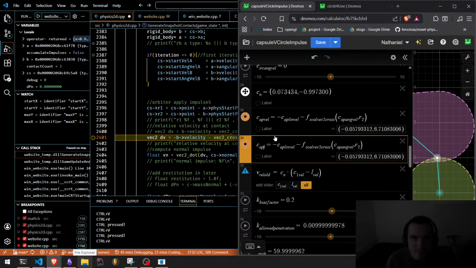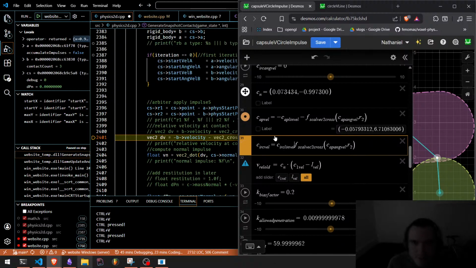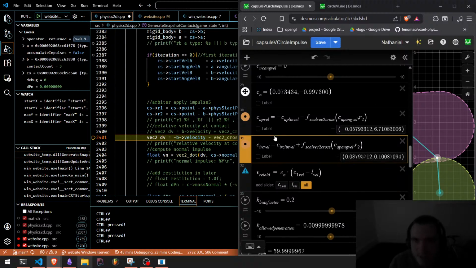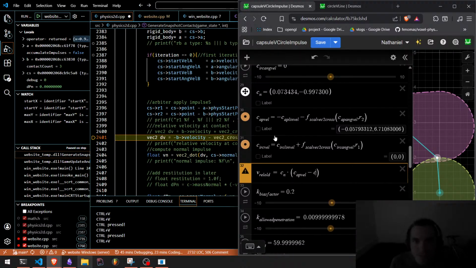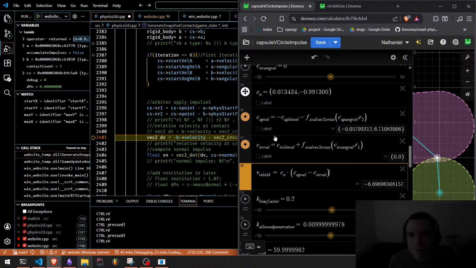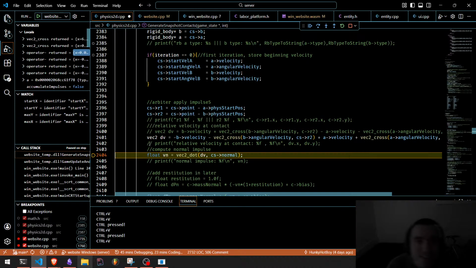Circvel equals the circle linear velocity, that is positive, plus R1 crossed with the circle angular velocity. So we do capvel minus circvel, which is negative 6.96. Let's see if that's correct.